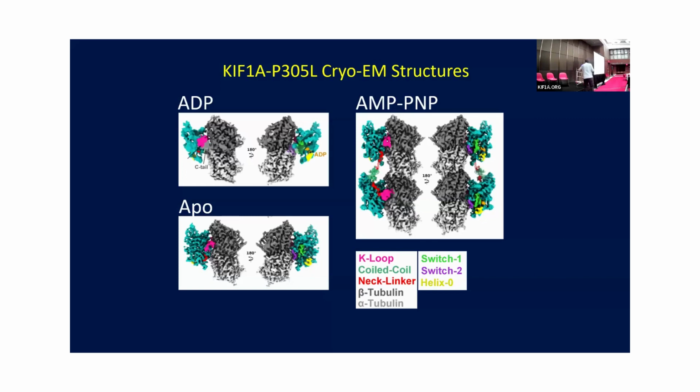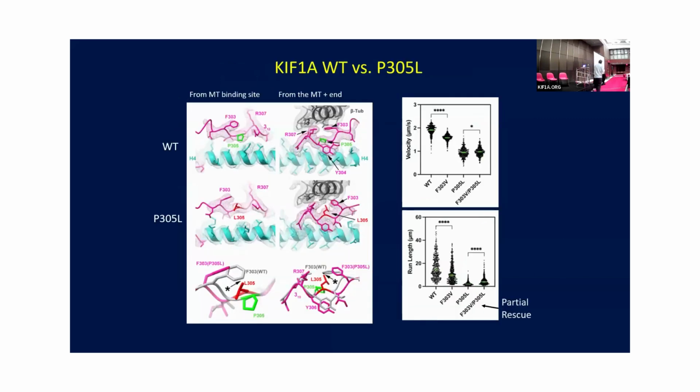If we look in detail around the mutation site, this is a view like if you were the microtubule and we're looking at the kinesin. In other words, if you were putting yourself behind your car to see what's going on at the bottom of your car, you're seeing the interface.